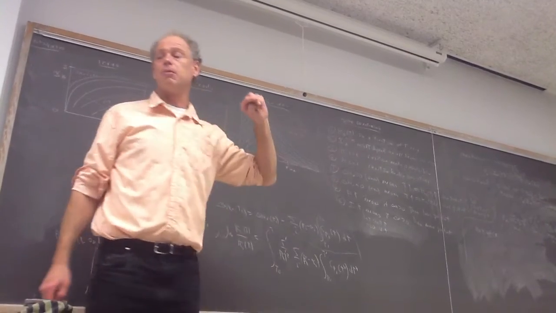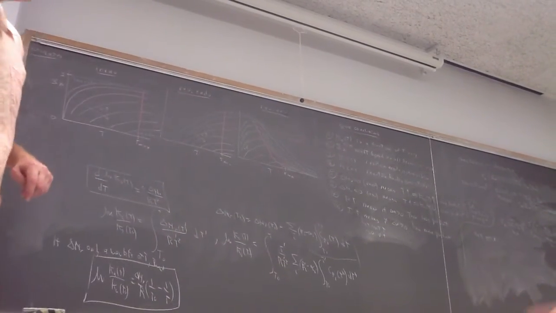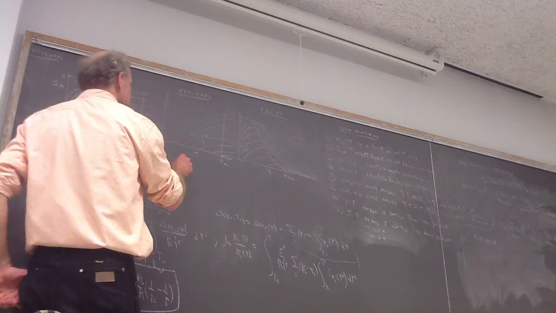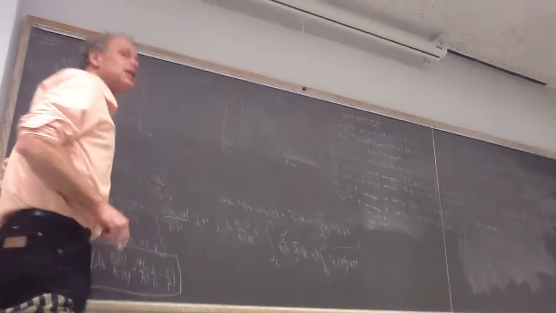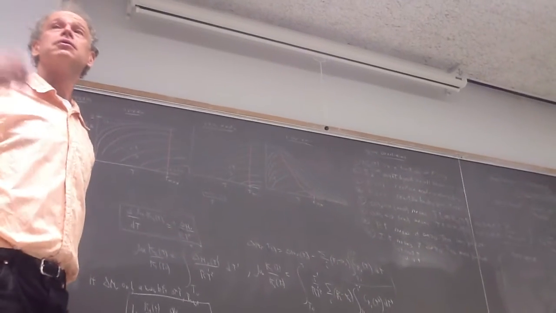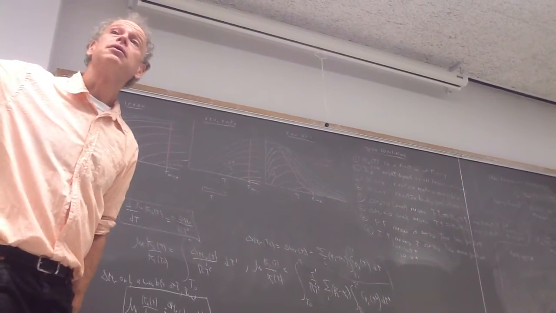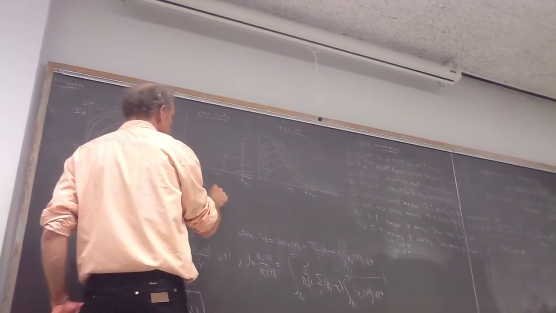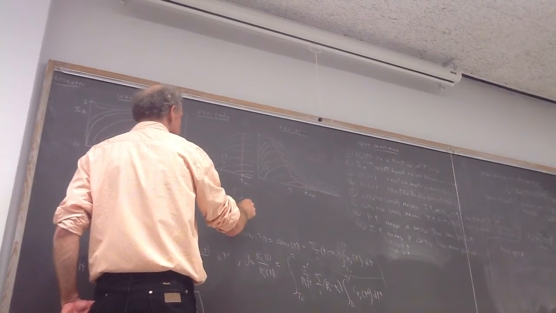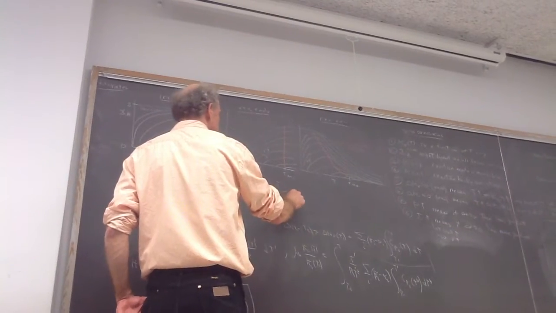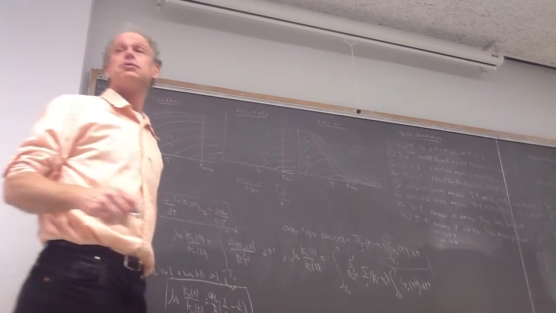Remember, what did we say the temperature profile was? If I have one plug flow reactor, then T is a function of what? Z, length. If I have a batch reactor, T is a function of what?